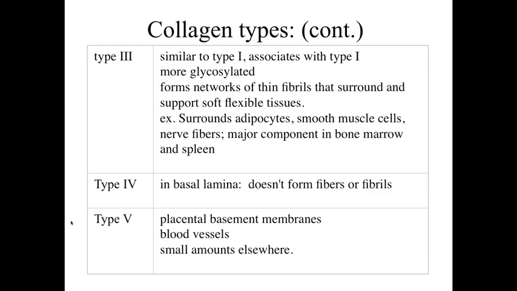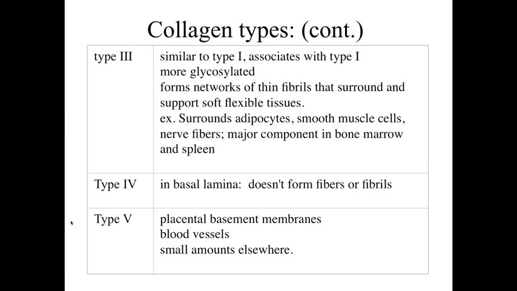Type 4 collagen, again a variation of this collagen molecule, is going to be found in the basal lamina. We've actually seen that on previous slides, but we didn't emphasize it. It's essentially going to be a strong, fiber-like protein, but it doesn't form the fibrils and fibers at the gross level, the larger multi-protein levels coming together, like we see with the other types of collagen, but it's there for strength.